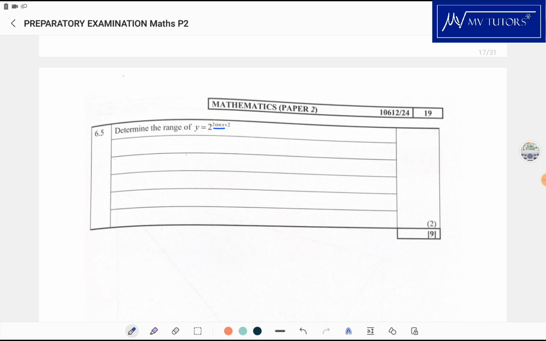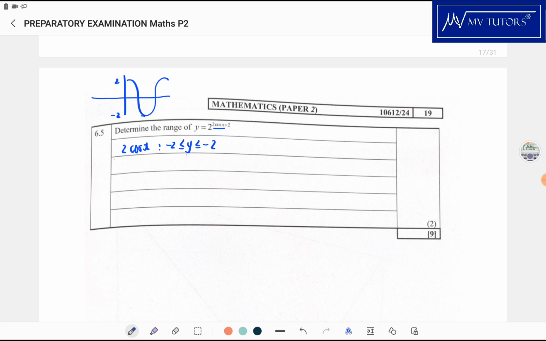If we were to draw our graph, it would start at the maximum 2, minimum negative 2. So the range for 2 cos x is from negative 2 to 2.